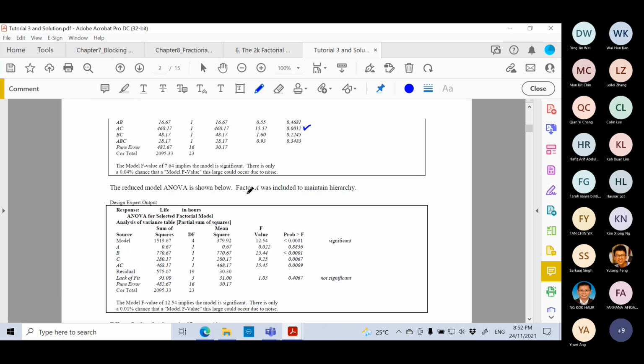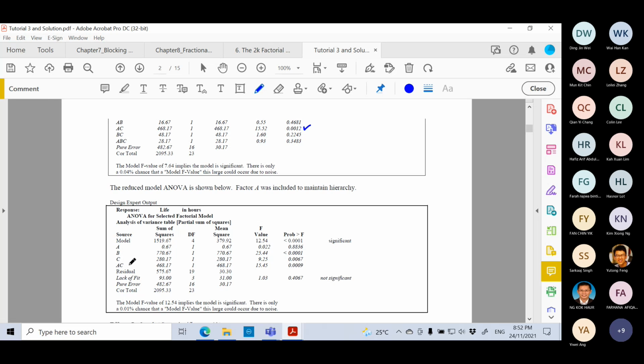This deals with the modeling, but the objective is when we want to maintain it or not. When we go through the modeling part, I need to give you the criteria. Otherwise, some of you may say that factor A is not important, so you already removed it and only formed the model using B, C, and AC.